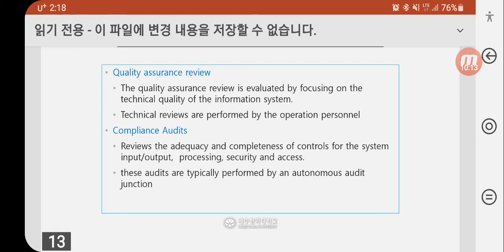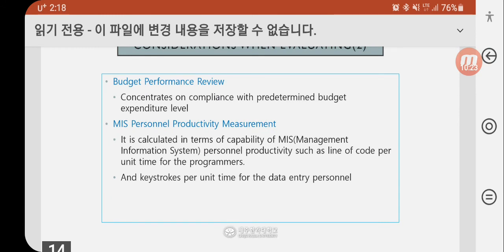These audits are typically performed by an autonomous audit function. Budget performance review concentrates on compliance with the predetermined budget expenditure level.